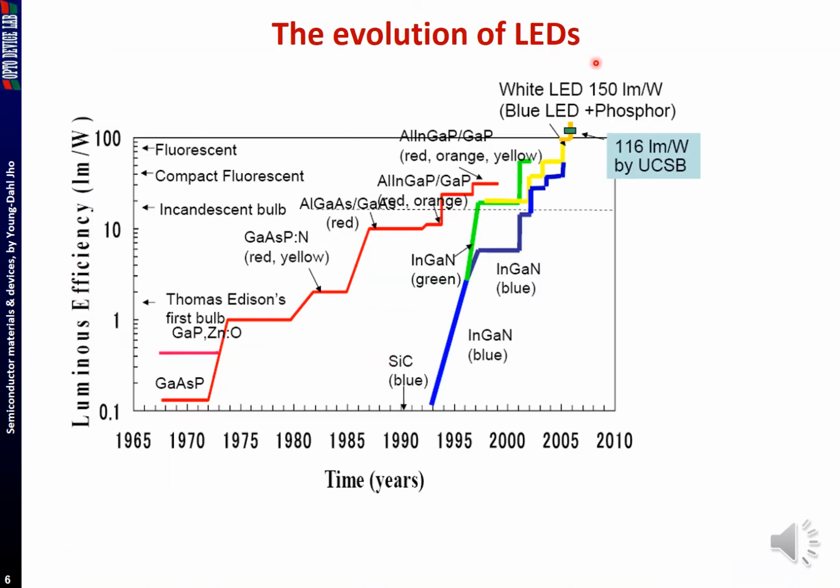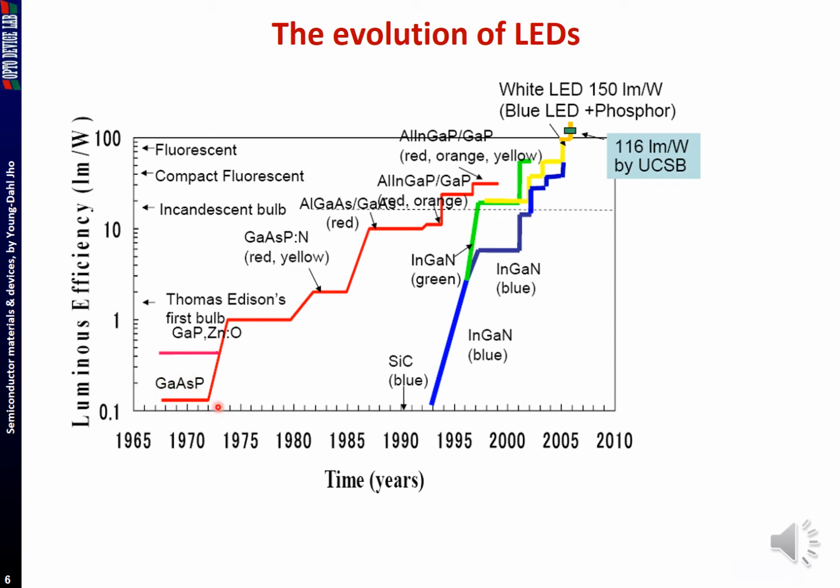Okay, in terms of LEDs, the x-axis is years, the y-axis is the efficiency of LEDs, and the color of the lines indicates the color of the LEDs. So originally from the 1960s, the red color showed up, and it is based on gallium arsenide materials.